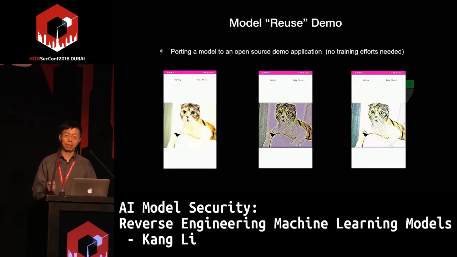The important thing to mention is that in this case, we didn't do any training. We don't have any of the sample data that the company actually spent effort on. So we can basically just copy their model and use it here. Again, this is simply for a demo, okay?